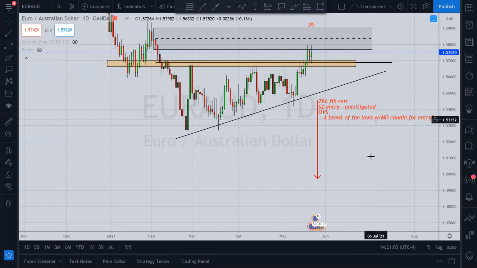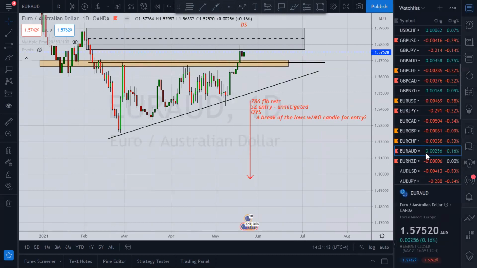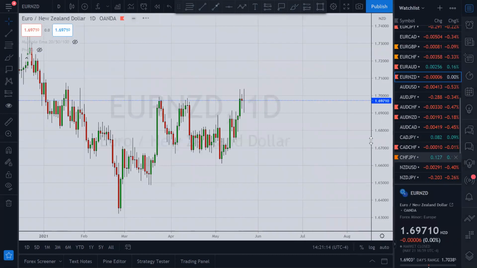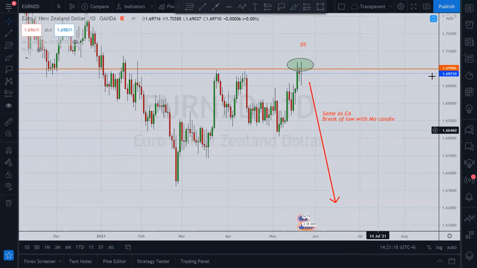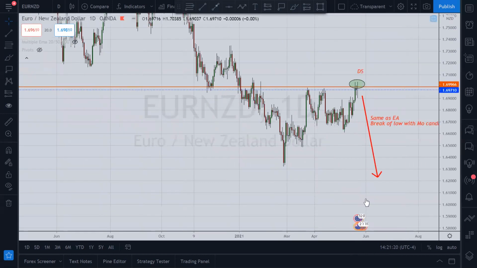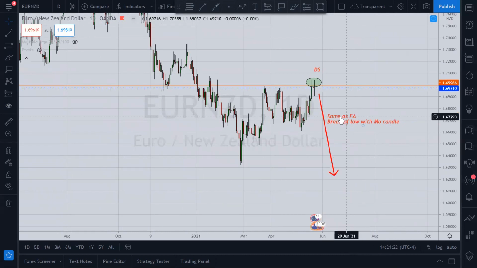This was Euro, and I'm looking for EURNZD. Boom. On EURNZD, very similar situation. We have support turned resistance here, resistance, resistance, resistance.